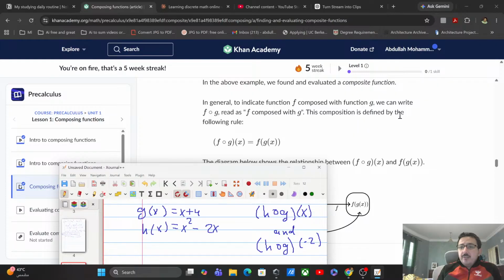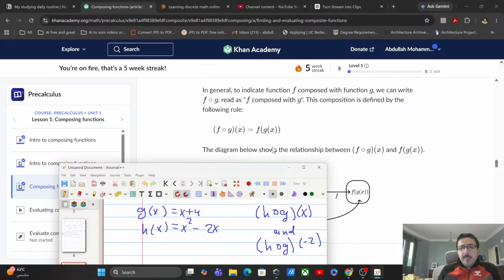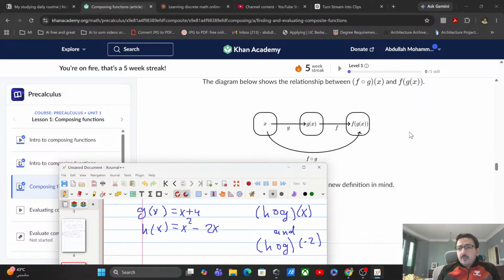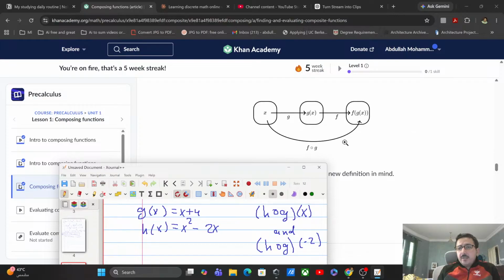This composition is defined by the following: f composed with g of x equals f(g(x)). You didn't add anything, except it's written now this way.